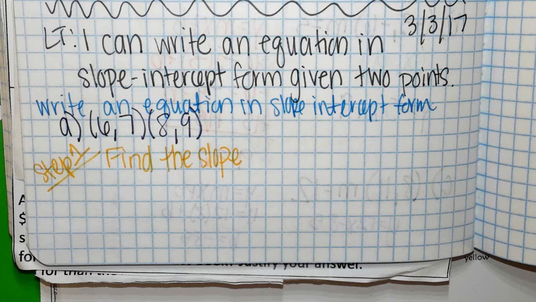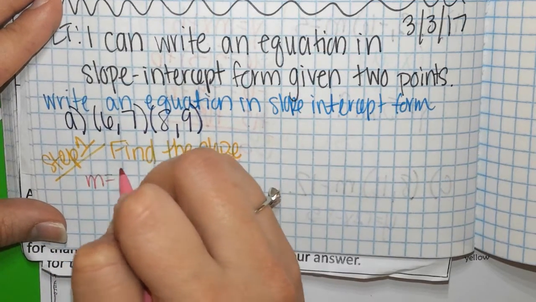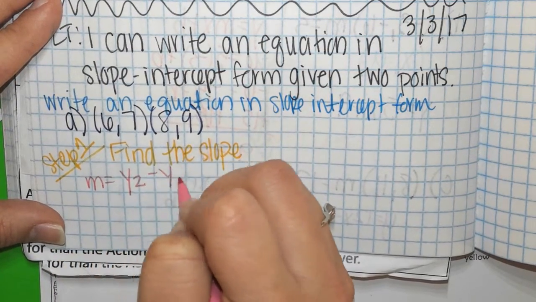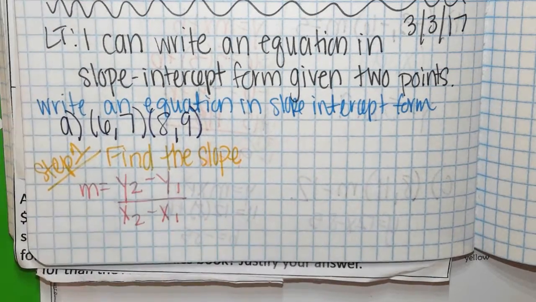So that's our first step, is we have to find the slope. Our slope formula is y2 minus y1 divided by x2 minus x1.